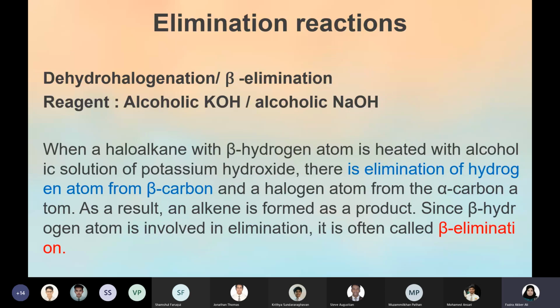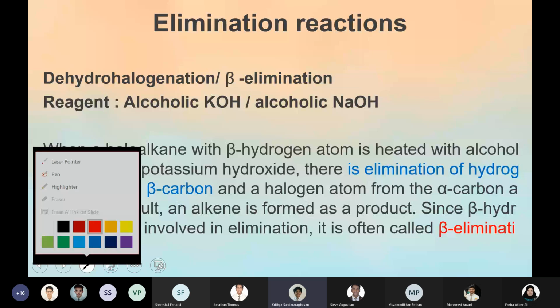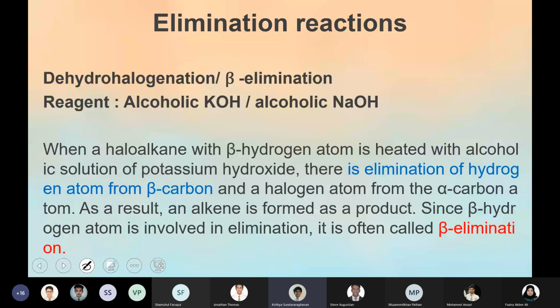This is actually learned in grade 11. How many of you remember this reaction, dehydrohalogenation or beta elimination? It is called beta elimination. This is the removal of hydrogen and halogen, which is what the name dehydrohalogenation means, technically a removal.